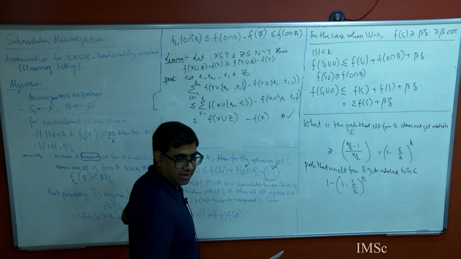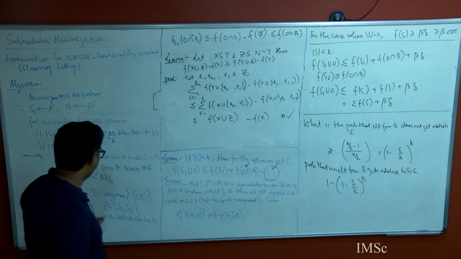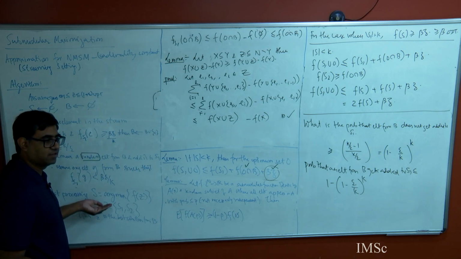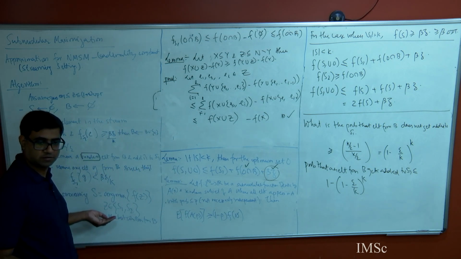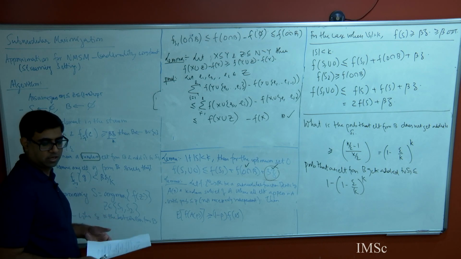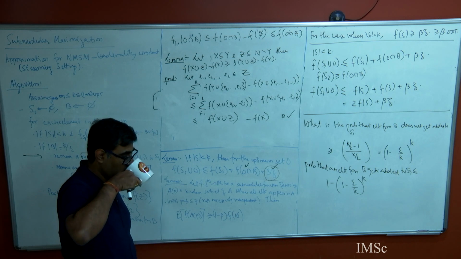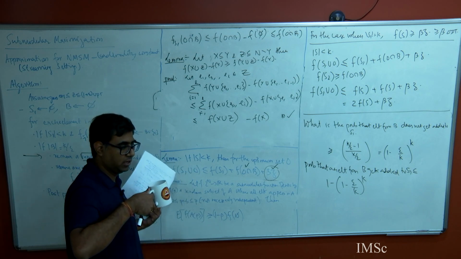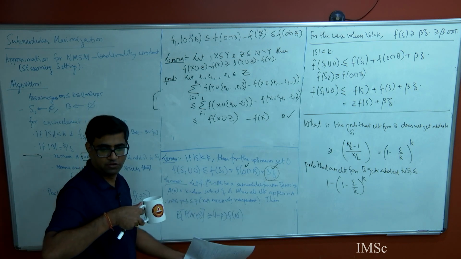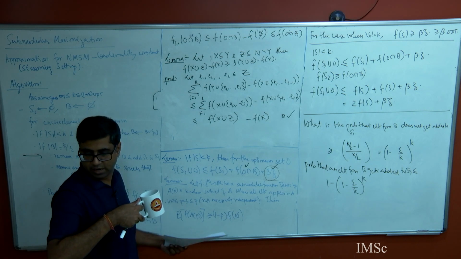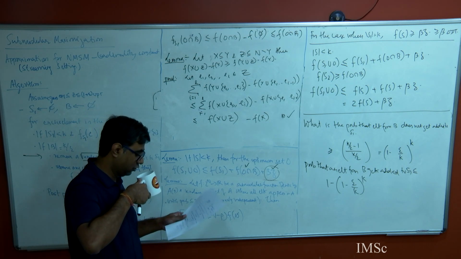If I can get a lower bound on the expected value of S1, then I definitely get a lower bound on the expected value of S, because S is the maximum of these two quantities. We proved this lemma by taking the decreasing order of probability and adding stuff, so we already proved it.